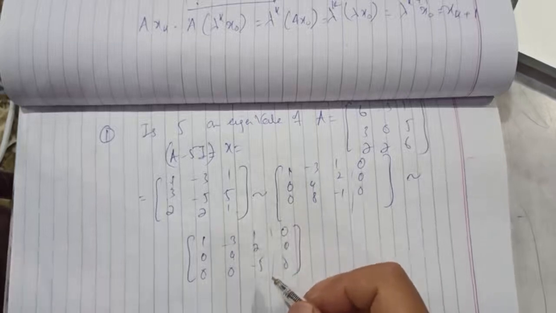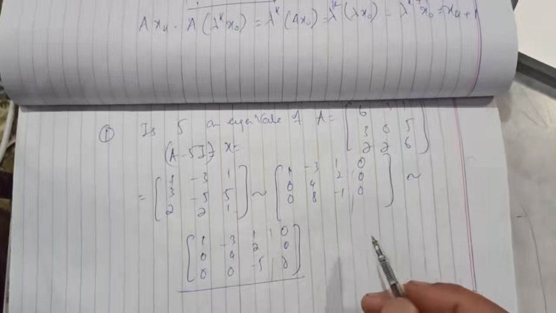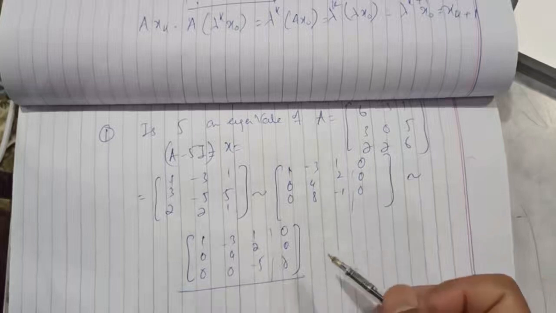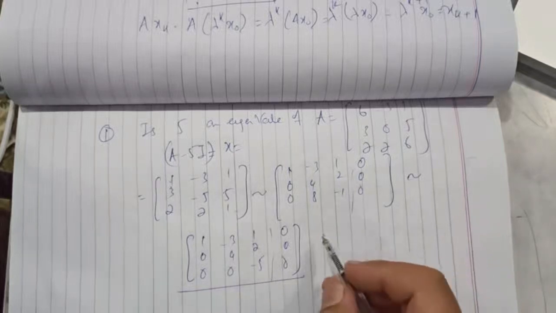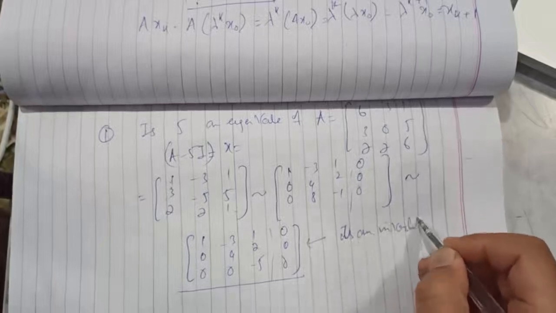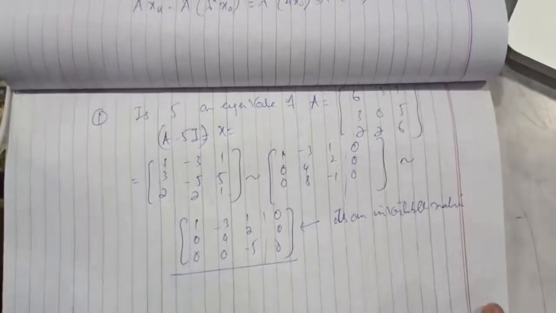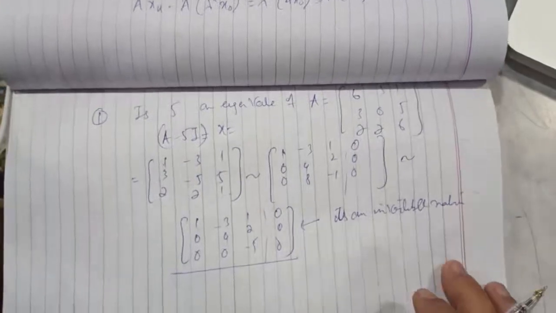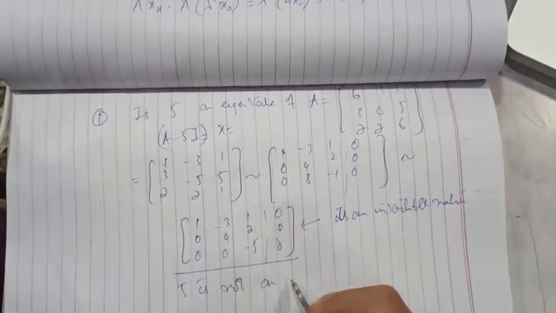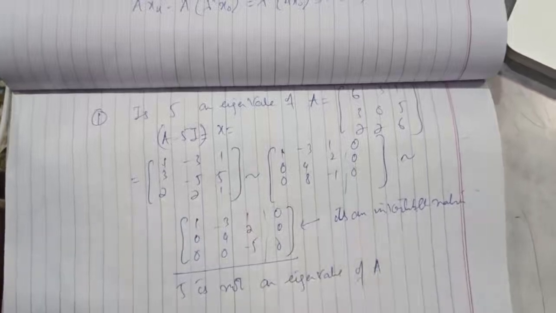Now you can see here that since it has no free variables, it doesn't have any non-trivial solution. Because it doesn't have a non-trivial solution, it's an invertible matrix. It means all these rows or columns are linearly independent. It means that 5 is not an eigenvalue of A, right?